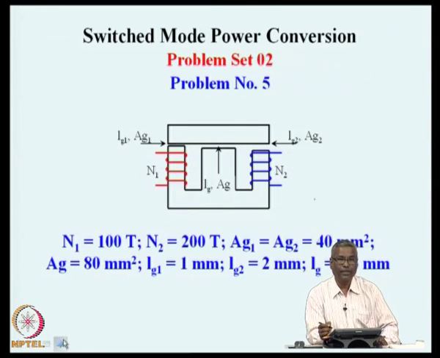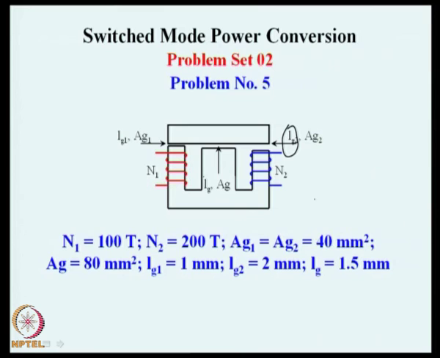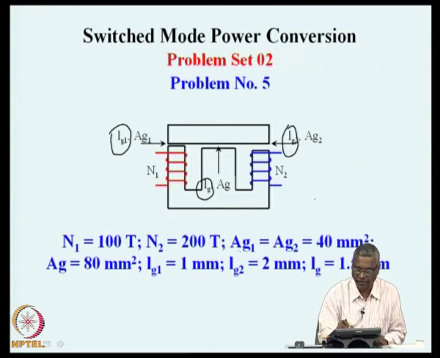If we look at the geometry of this circuit, the various gap lengths and area of cross sections are given here. The gap Lg1 is 1 millimeter, Lg2 is 2 millimeter, Lg is 1.5 millimeter, and then the different areas of cross sections are also given.